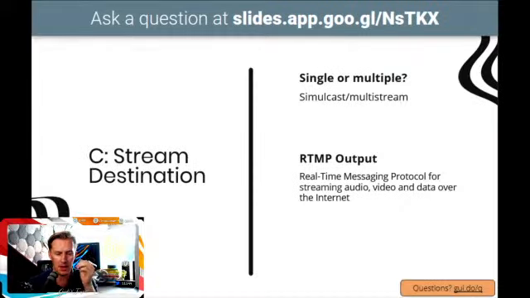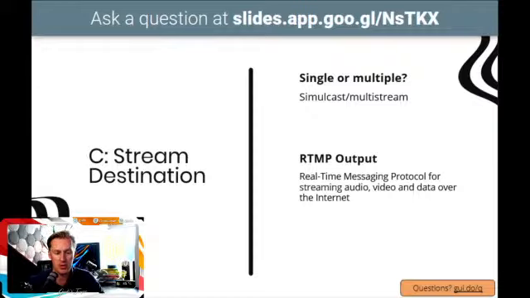RTMP output, so as a stream destination. For example, if your streaming program doesn't support your required output, for example YouTube, you want to stream to YouTube, but your studio platform doesn't support YouTube. But if your studio platform does support RTMP output, YouTube does support RTMP input, so you could use that to connect those apps.